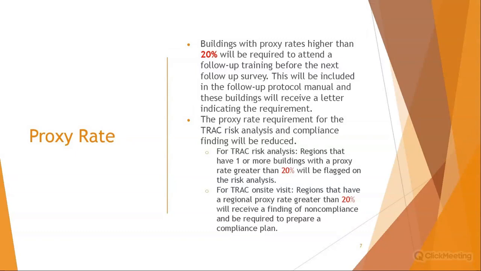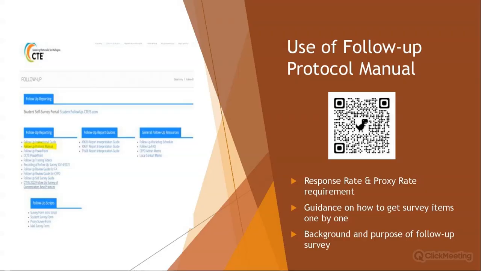Next slide, please. So this is a barcode that leads you to the most updated follow-up protocol manual, where you can see the background and purpose of the follow-up survey, and also the requirements for response rate and proxy rate, as I mentioned earlier.